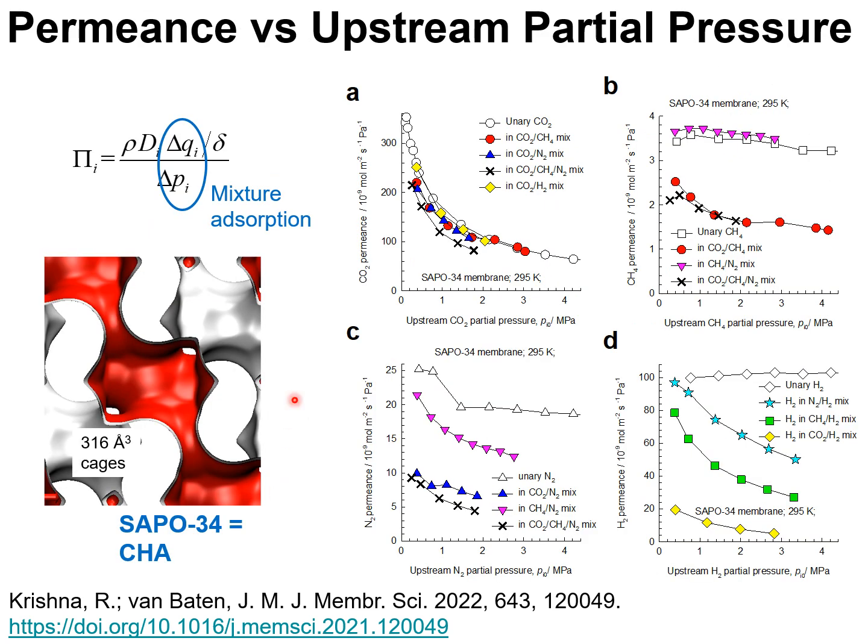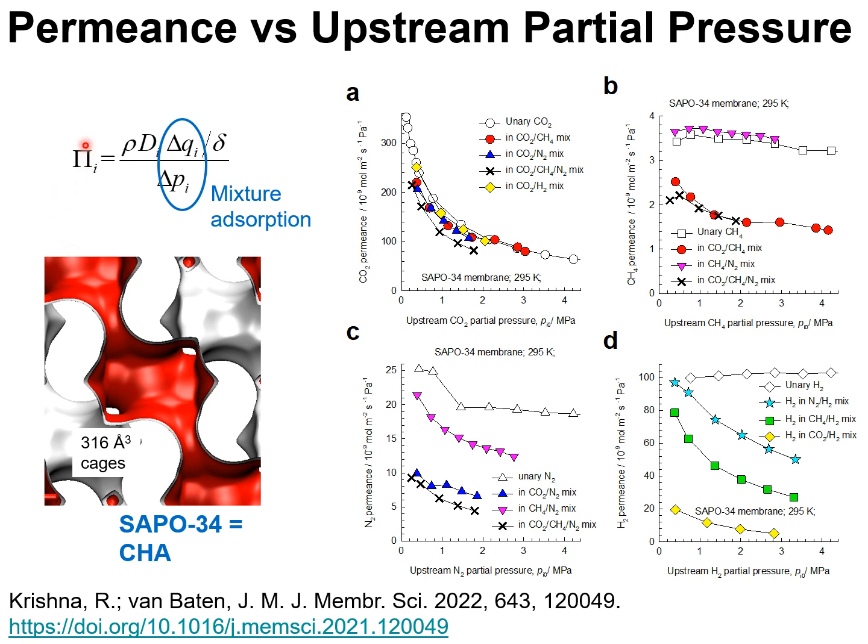Let's examine the data determined in experiments for the permeances of CO2, methane, nitrogen, and hydrogen in a SAPO-34 membrane that has the same structural topology as Chabasite.